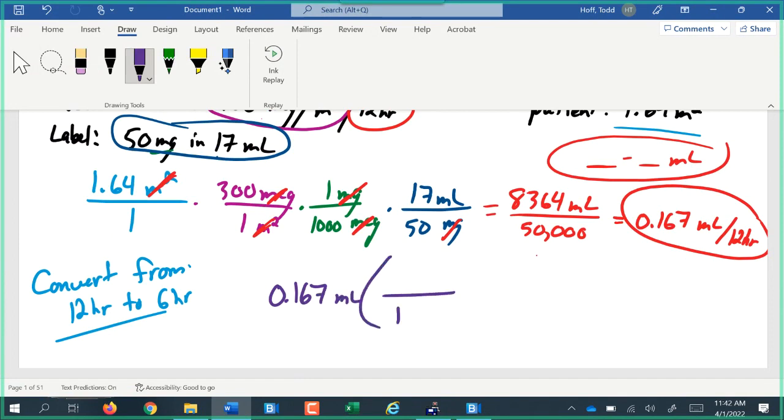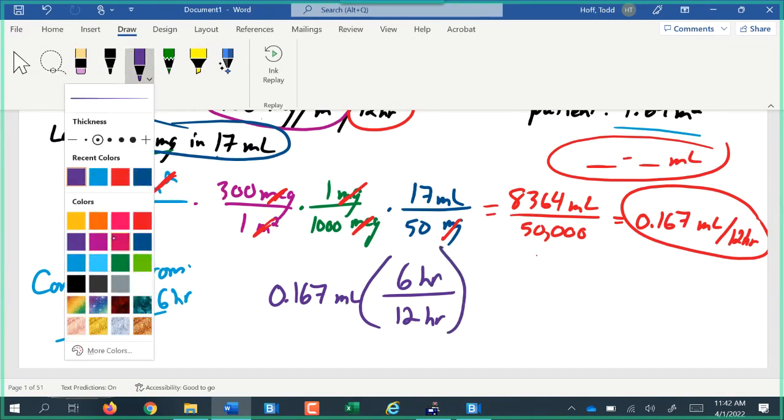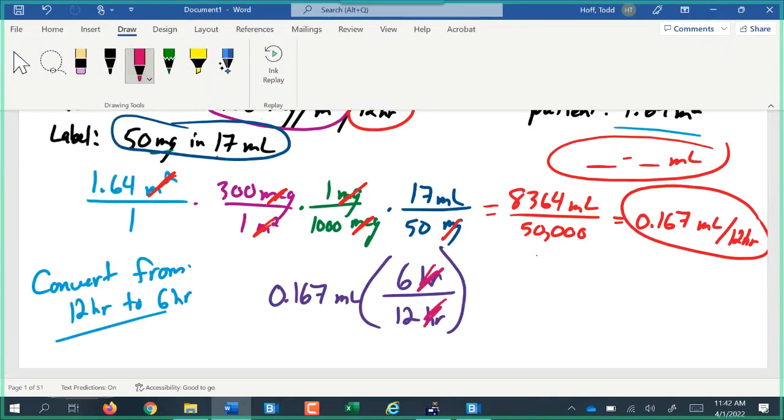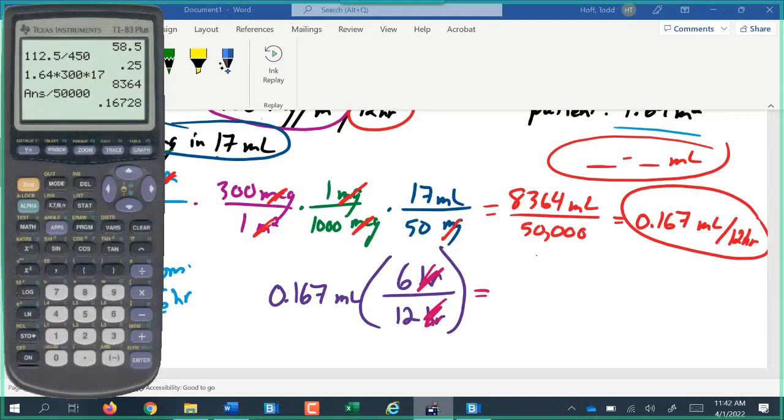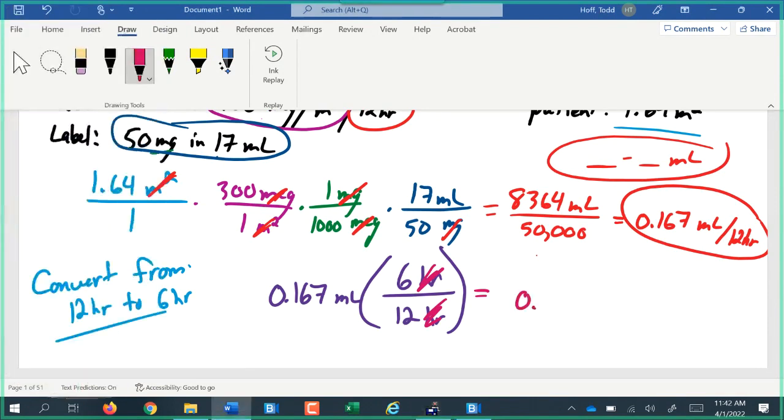And that was based on a 12-hour dosage. We're converting to 6 hours. And as always, in our titration, remember, these units have to be the same so that they will cancel out. We have our 0.167. I left it in the calculator, so I didn't round it off. So I'm technically using 0.16728 here. Times 6 divided by 12 gives us 0.084. We'll round that to milliliters every 6 hours.